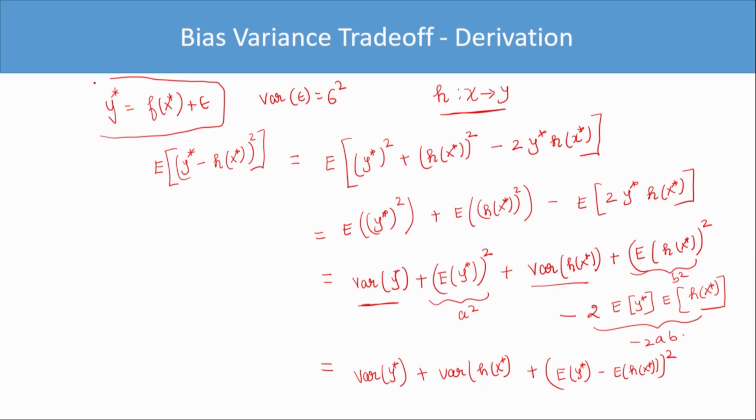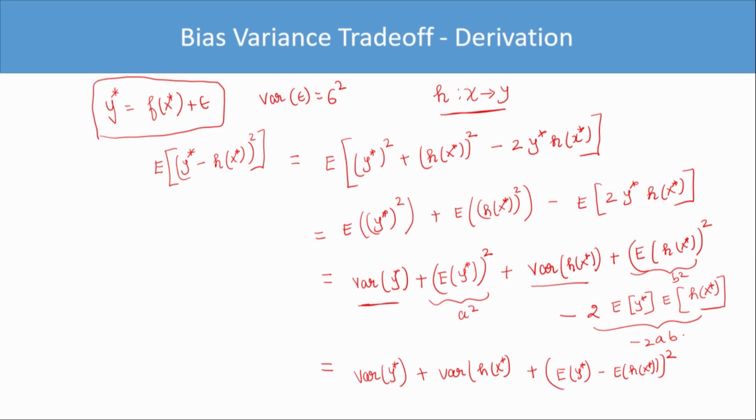So the first term is variance of y star. So what would be the variance of y star? So what is y star? Test. Well, how is y star generated by our assumption? From probability. But in this case, I have made a specific assumption for y star, that y star is f of x star plus epsilon.